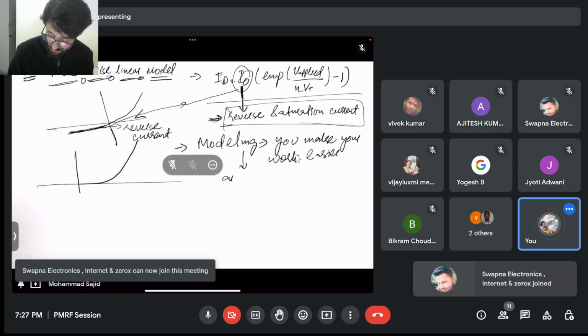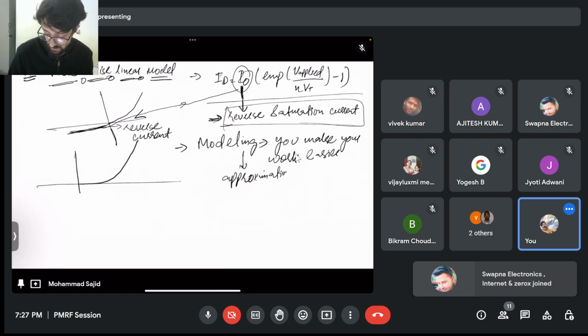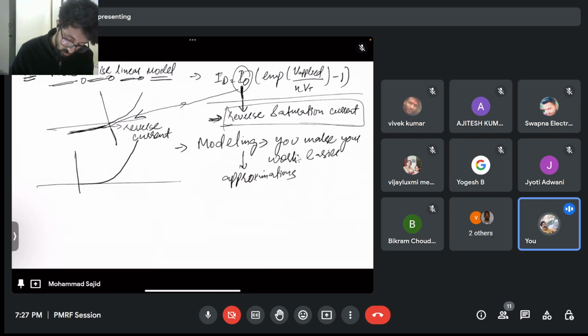By approximations, right? This model is also an approximation where you extrapolate this behavior to cut your x-axis, that's your input voltage, and you call it the cut-in voltage.